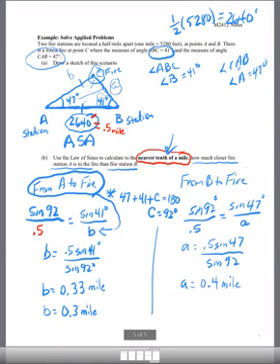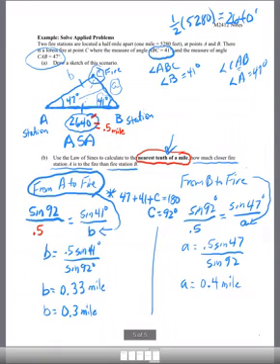So the question was, how much closer is fire station A to the fire than fire station B? So what's the difference? From station A to the fire, it's only 3/10 of a mile. From fire station B to the fire, it's 0.4 or 4/10 of a mile.